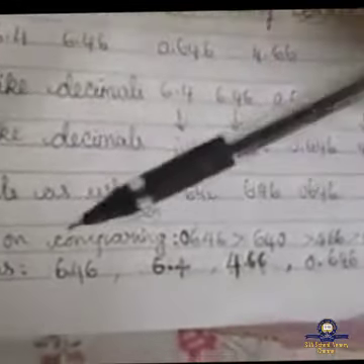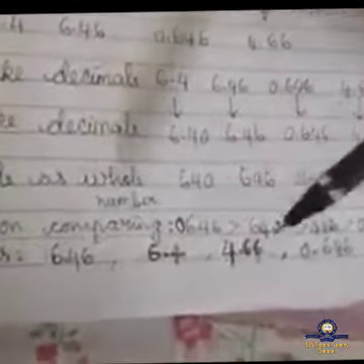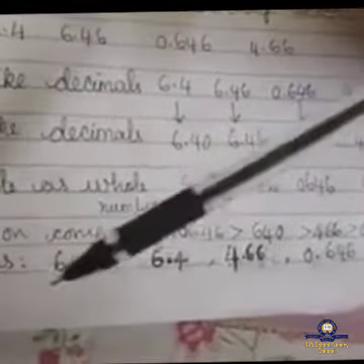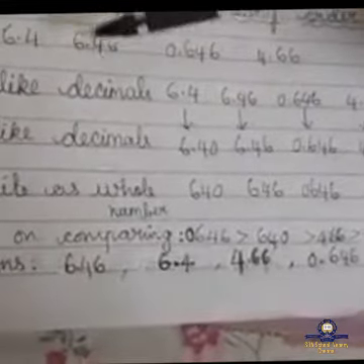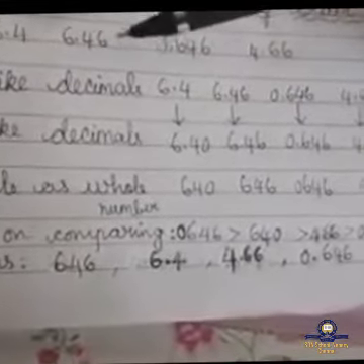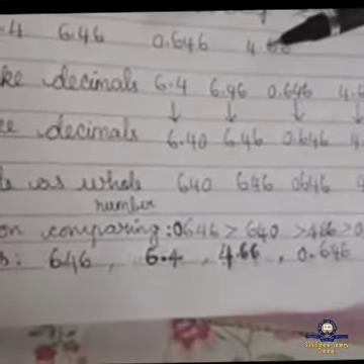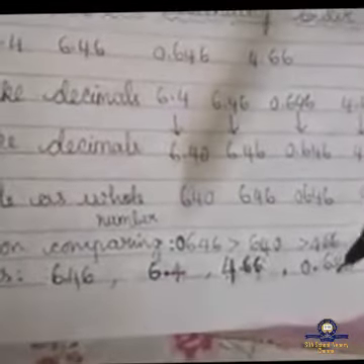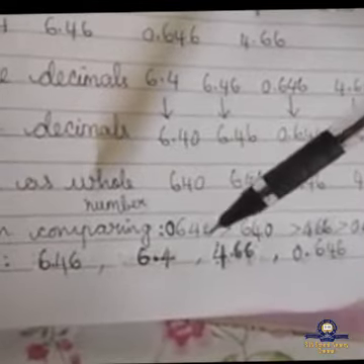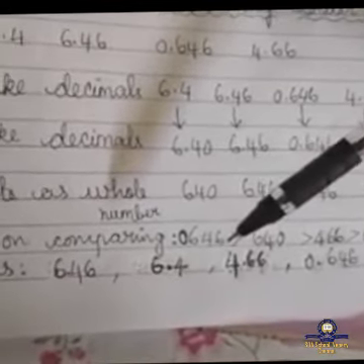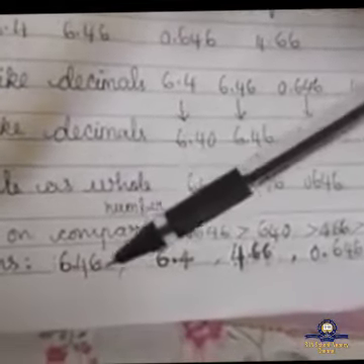Now, according to the whole numbers, you arrange the answer using the numbers given in the question. What is written as unlike decimals, we will arrange in descending order. 646, which is the decimal for this? 6.46.